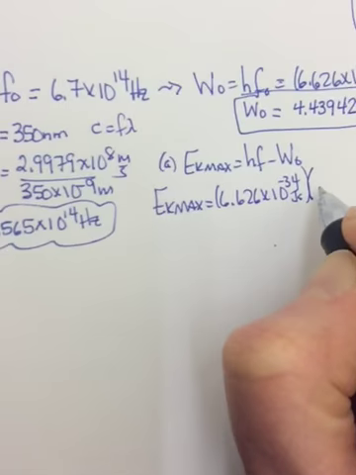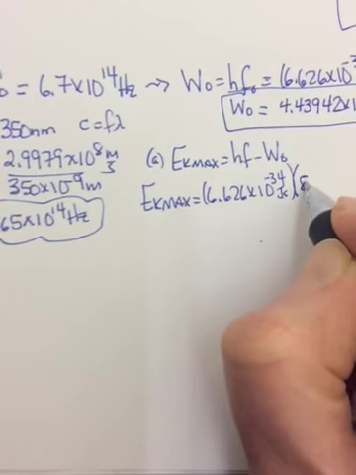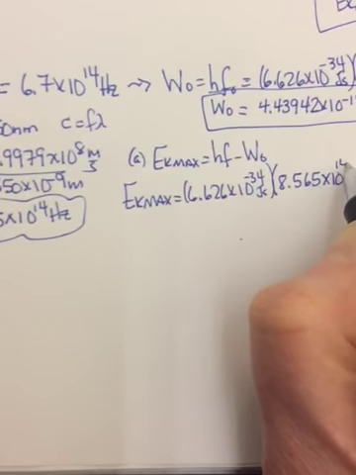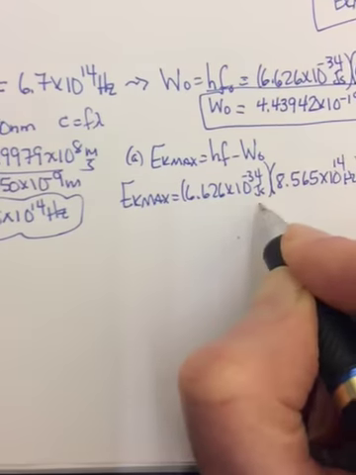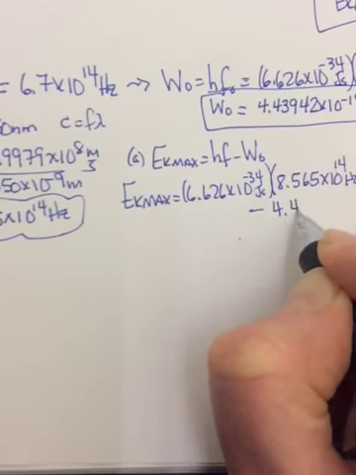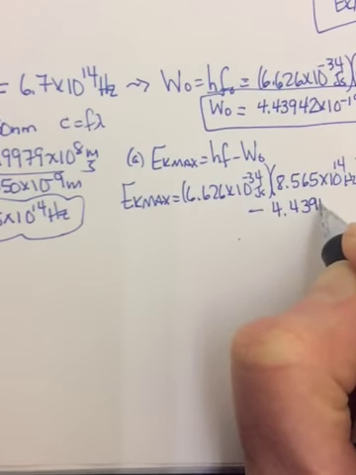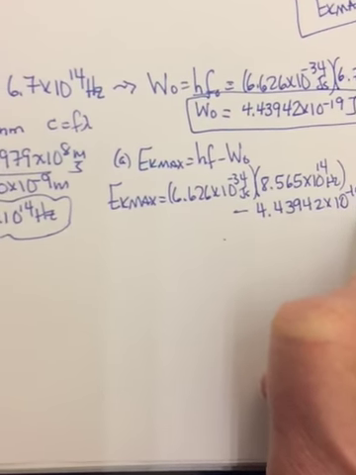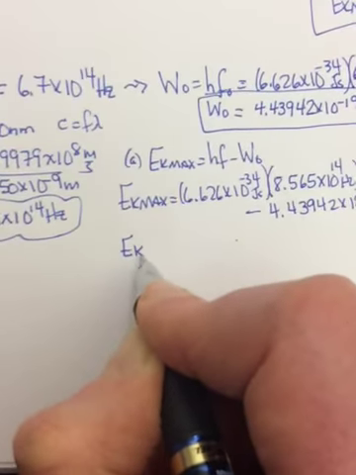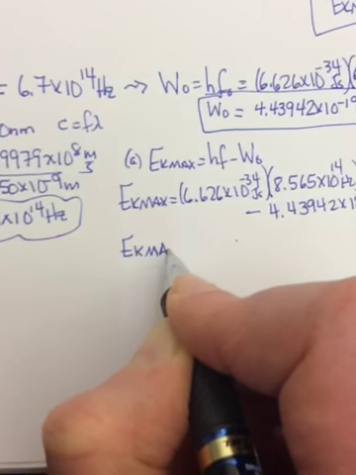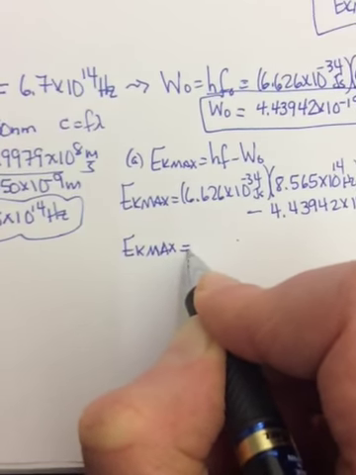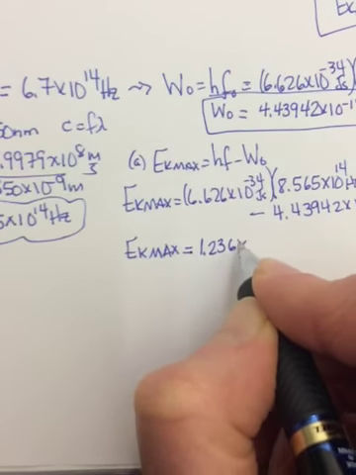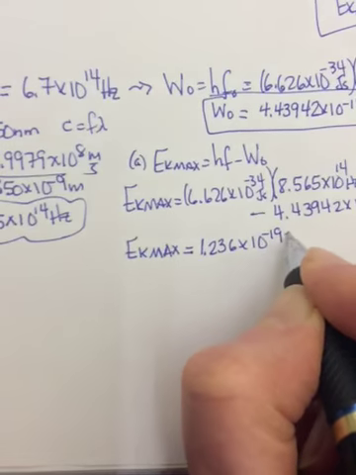F was 8.565 to the 14th hertz. And our WO is 4.43942 times 10 to the negative 19 joules. And when you do this, you get an EK max to be in joules 1.236 to the negative 19 joules.